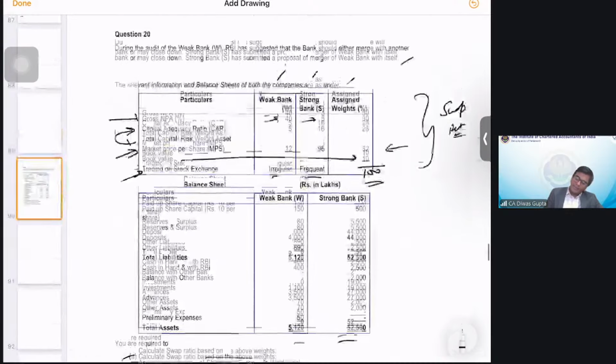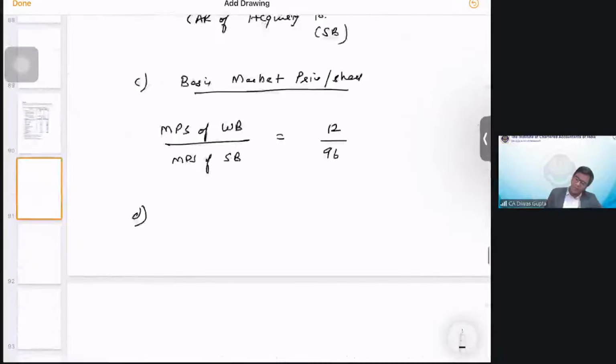And the last one is the book value per share that we will have to compute.